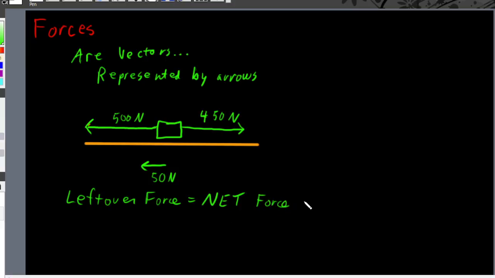A net force, or F net. F net is always the leftover. It's the part that is not balanced out by anything else. And if all of my forces are in one dimension, I can take the bigger force and subtract the smaller force.